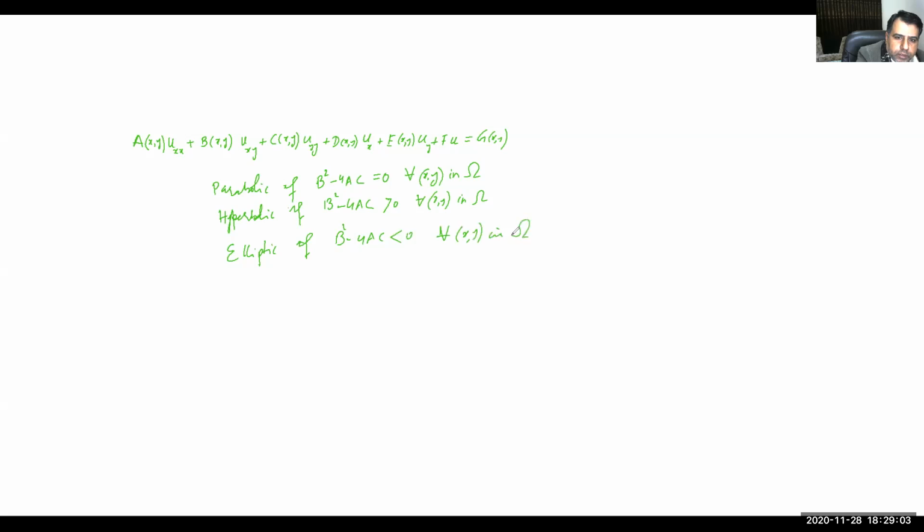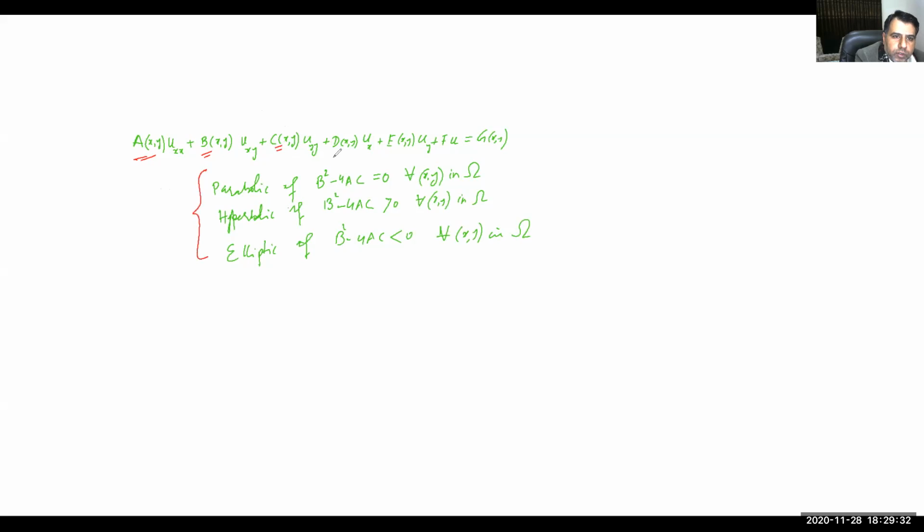the domain omega. So what you see, this is the most general form of a second order partial differential equation. These coefficients A, B, C, which are the coefficients of second order partial derivatives, they take place in this classification.